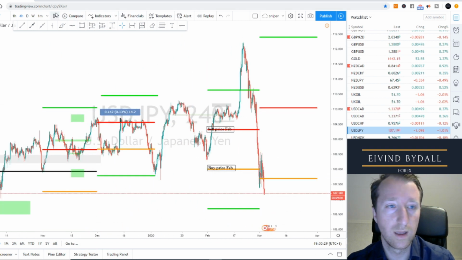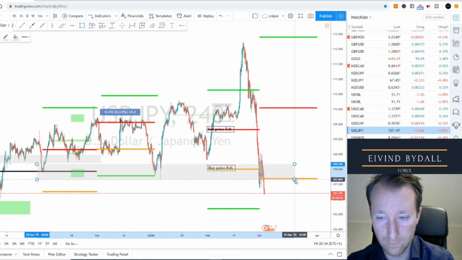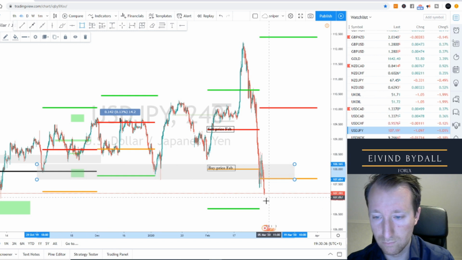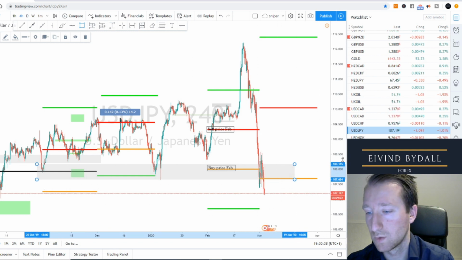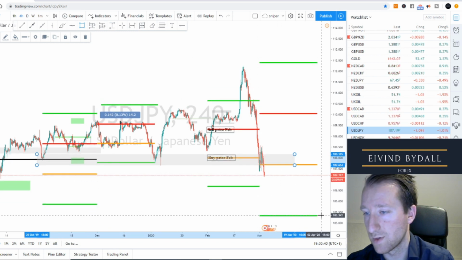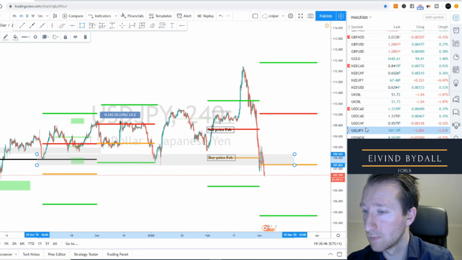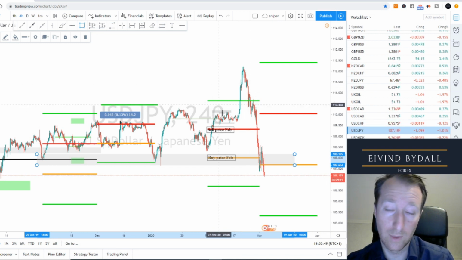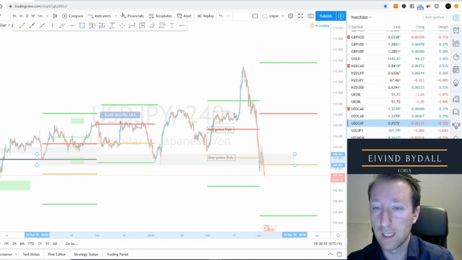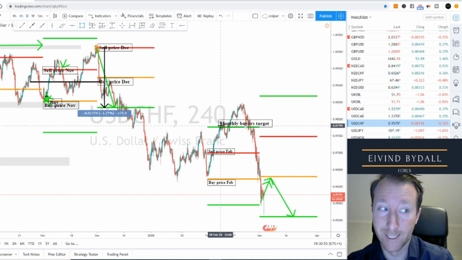Then we can say a retest of this one is a potential new target to enter again, to sell to 105.35. Awesome. As we can see, last month we hit targets.